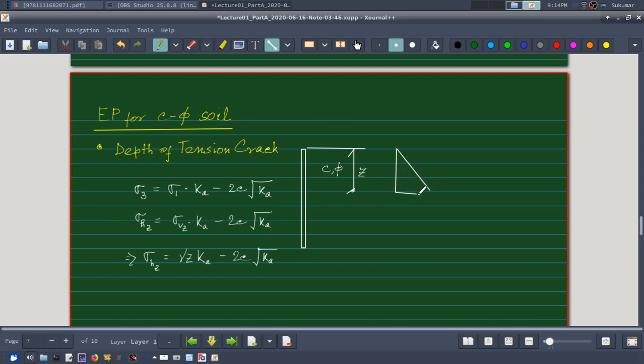Okay, and in addition to that I have to superpose this negative portion.